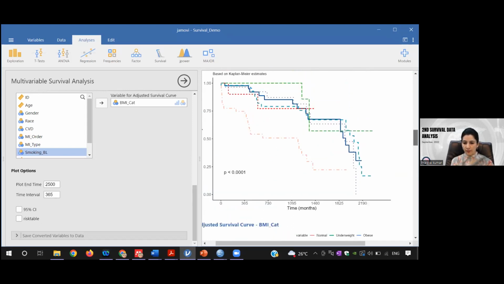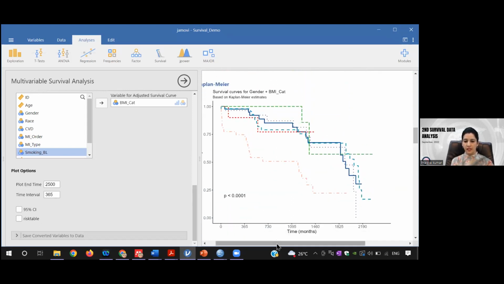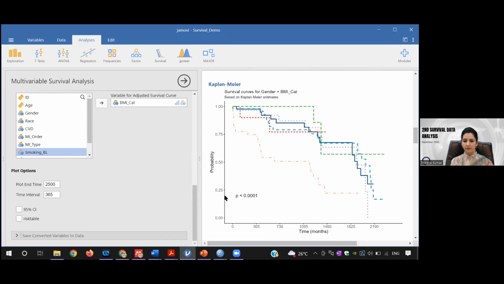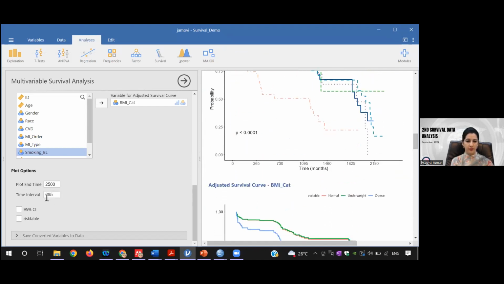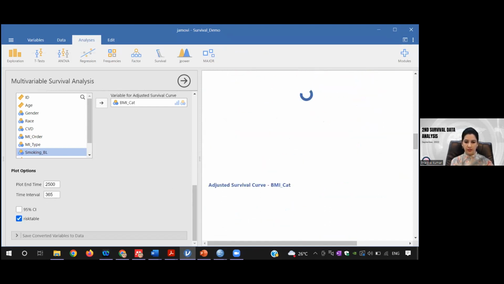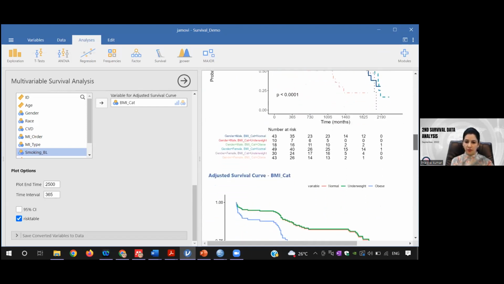If you go up, you can see there are many lines. If you see the Kaplan-Meier, it gives you 1, 2, 3, 4, 5. And the risk table will appear here for this Kaplan-Meier. So it makes the graph very complicated.